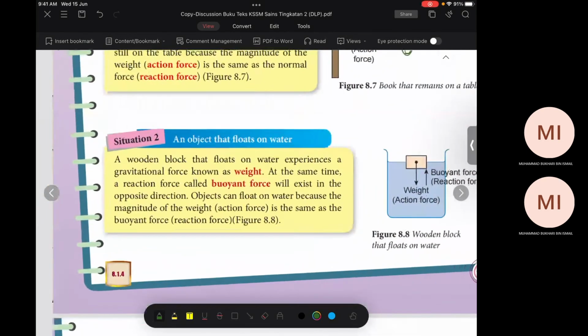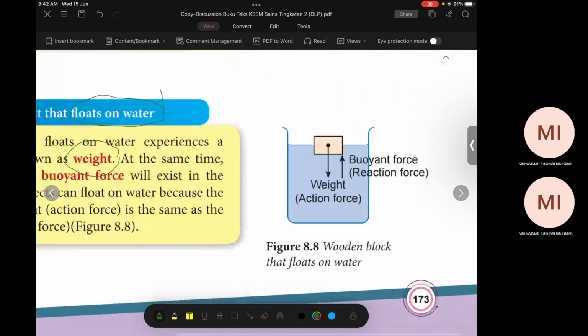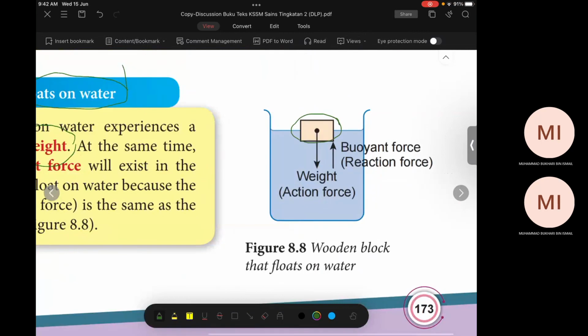Okay, the next situation, an object that floats on water. The wooden block that floats on water experiences a gravitational force known as weight. So see here we have an object, and here is the weight. The weight is the force acting downward, and then we have what is this?